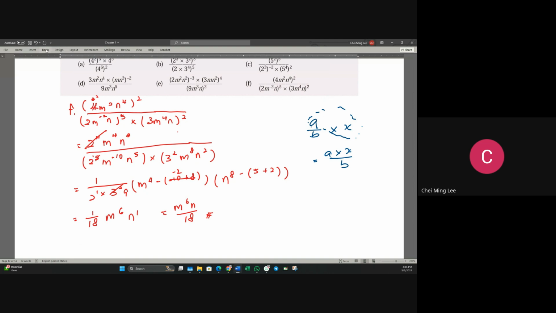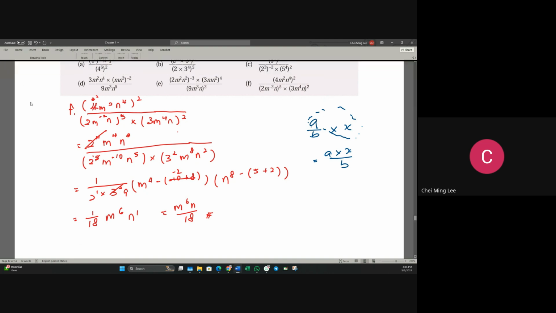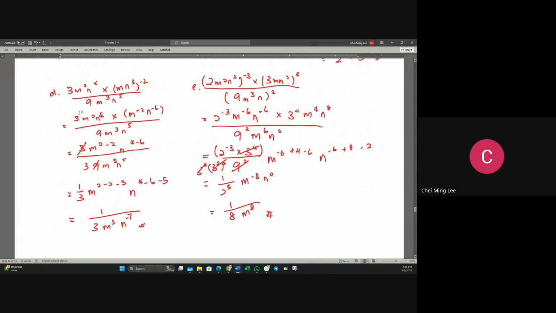Sir, can you go to question E? Yeah, that one. The 1 over 2 power of 3. Because negative means that it is 1 over, correct? So same goes here.